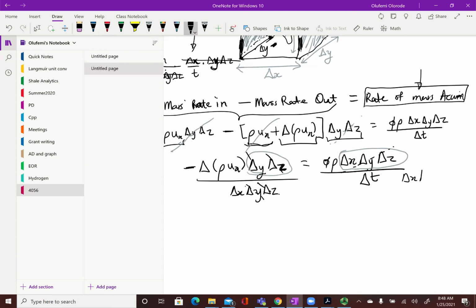You would have divided by these two, right? So this goes out. This goes out. And what you're left with is precisely, change the color right back to black, minus the change in the flux divided by delta X equals phi rho over delta t.